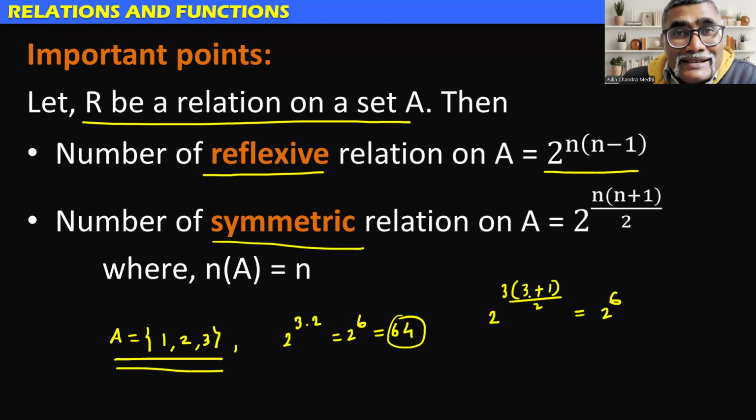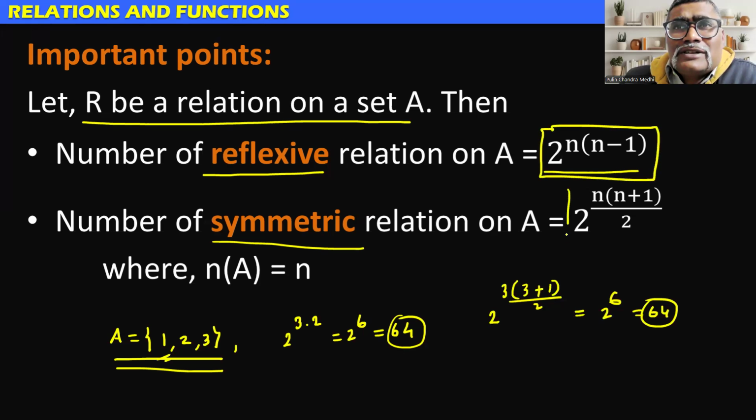Okay, it is a coincidence that for this particular set, we have got equal number of reflexive relations and symmetric relations. But always it is not the case. So I insist you to remember these two formulas so that you can apply them in the exam very directly.